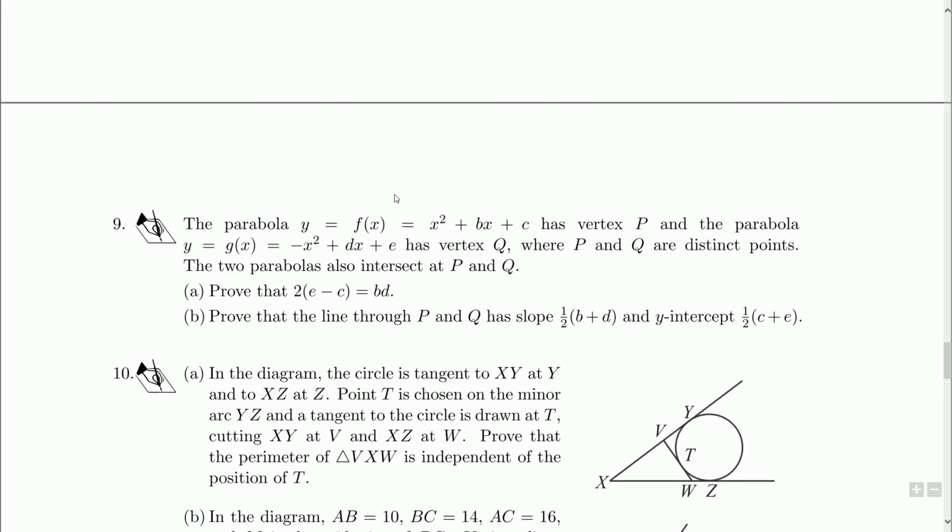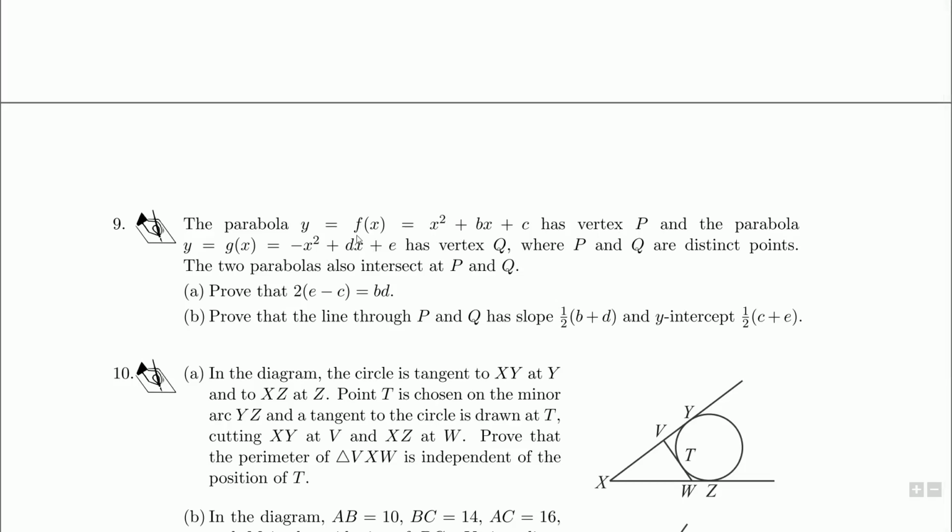B, prove that the line through p and q has slope 1/2 b plus d and y-intercept 1/2 c plus e. Very interesting question. Now, they say that p and q are vertices. Well, let's transform these parabolas from standard form equations into vertex form equations.